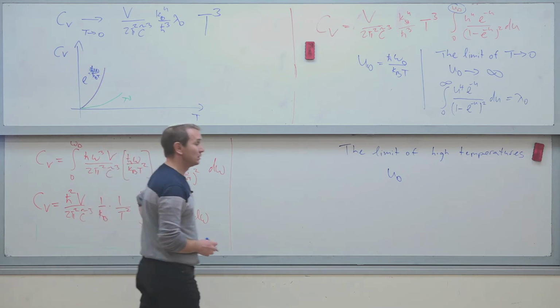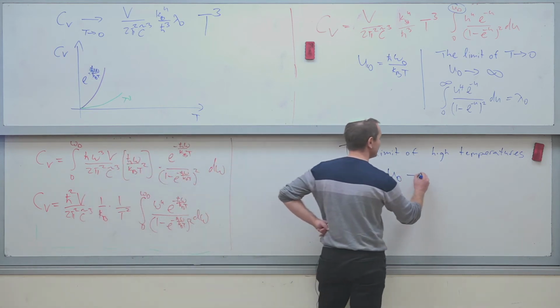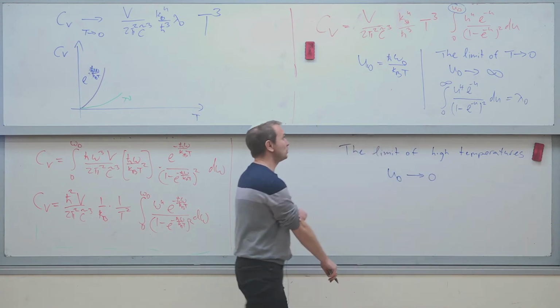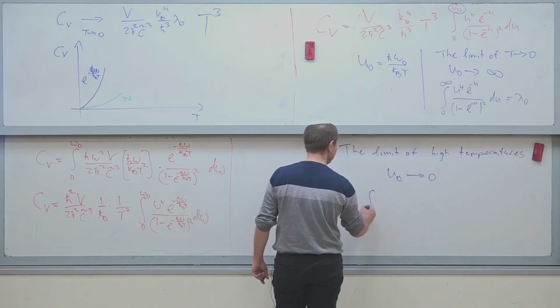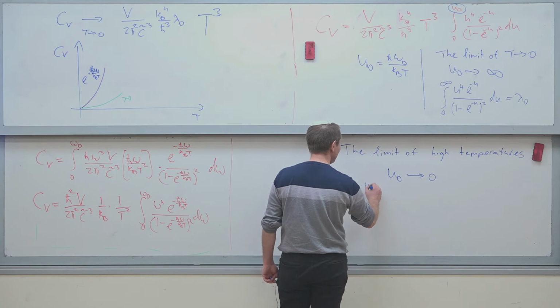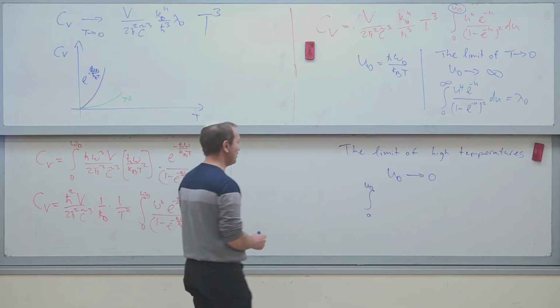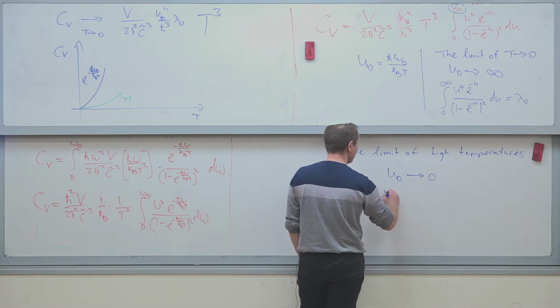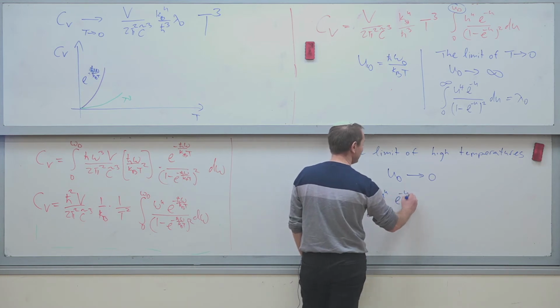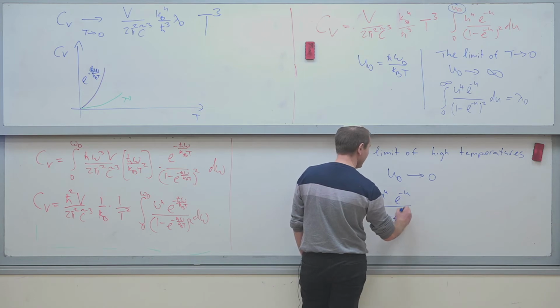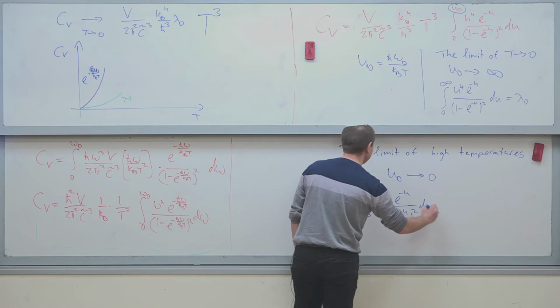So u_D goes to 0. So we're looking at an integral from 0 to u Debye, which is a small number now, of u to the fourth e to the minus u divided by (1 minus e to the minus u) squared du.